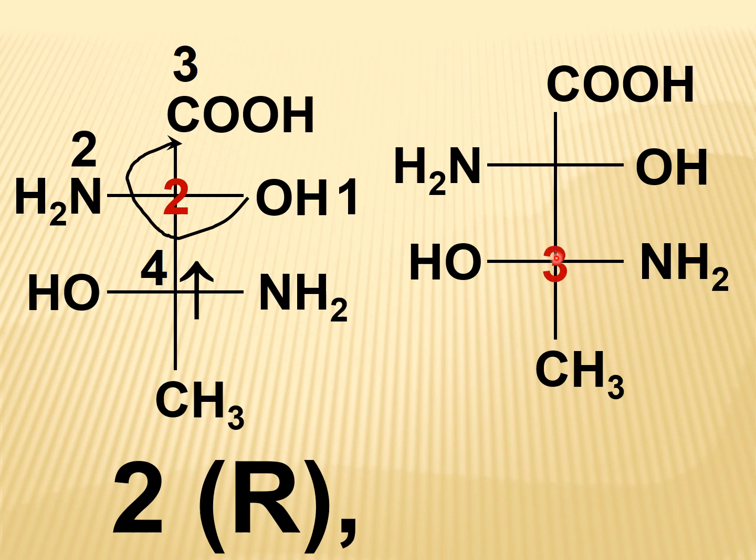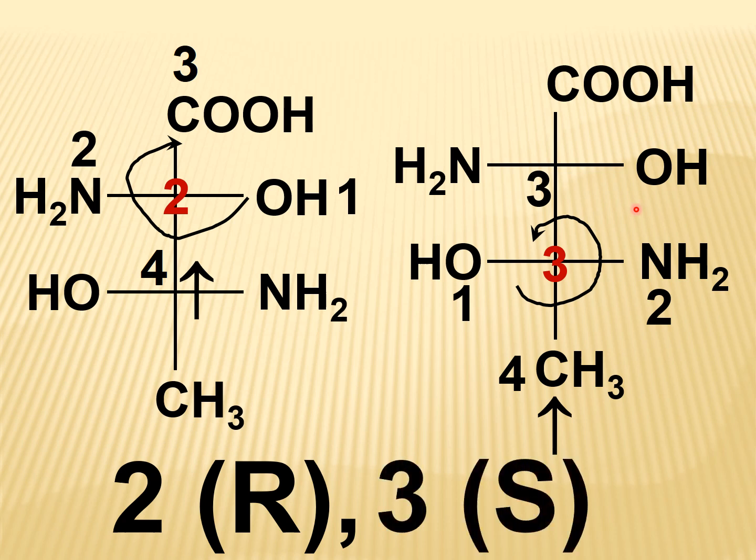Next, third carbon, give priorities 1, 2, 3, and this is priority 4. View from behind the least priority and move from 1 to 2 to 3. The movement is anti-clockwise and the least priority is vertical, so anti-clockwise will be S. So this compound is 3S.